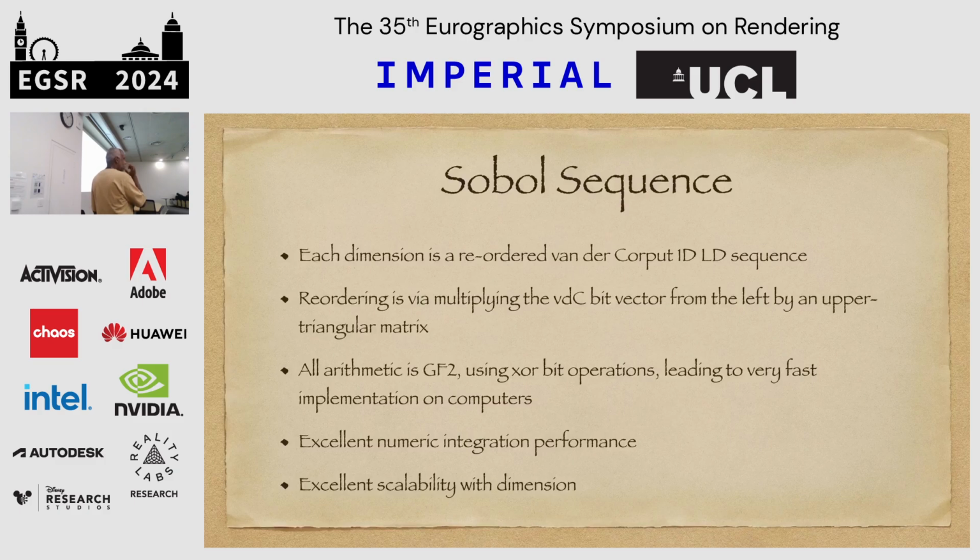Every dimension of a sample, or every component of a sample, is computed by reordering a van der Corput sequence, a bit-reversed sequence, by multiplying the bit vector from the left by a binary matrix. All the operations are in GF2, Galois field 2, so this translates to XOR bit operations, which is extremely fast.